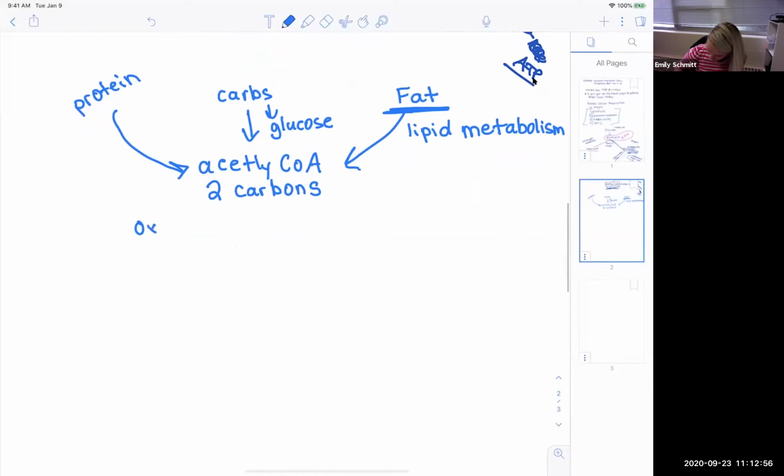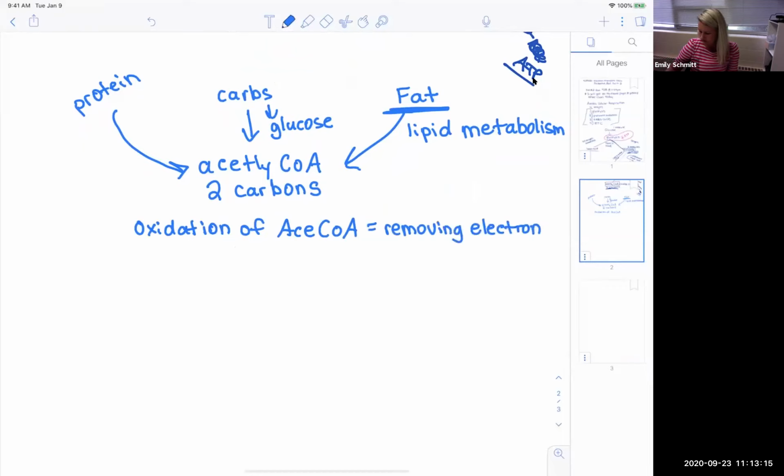So oxidation of acetyl-CoA simply means removing electrons to ultimately produce energy. So that's telling you automatically what the Krebs cycle's purpose is.